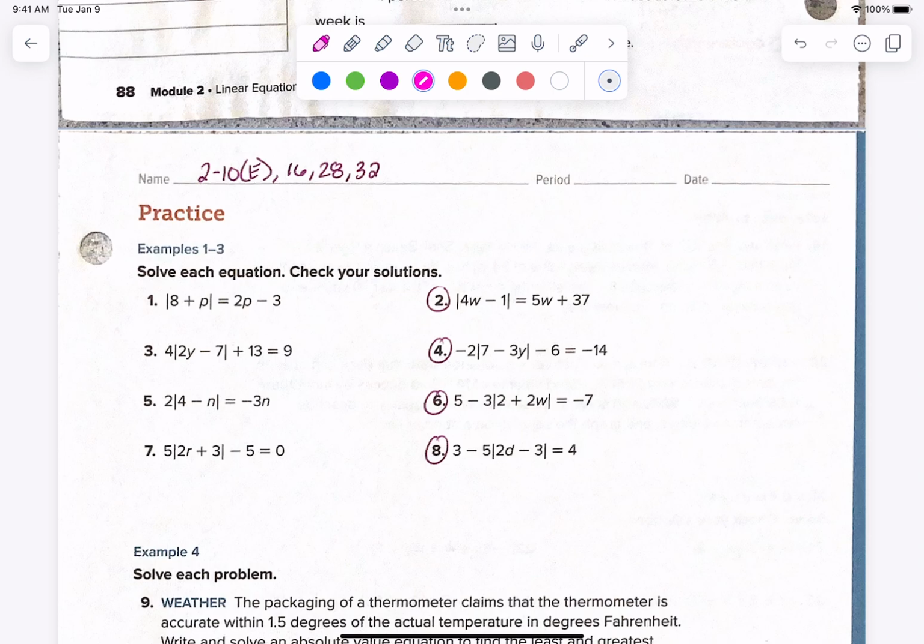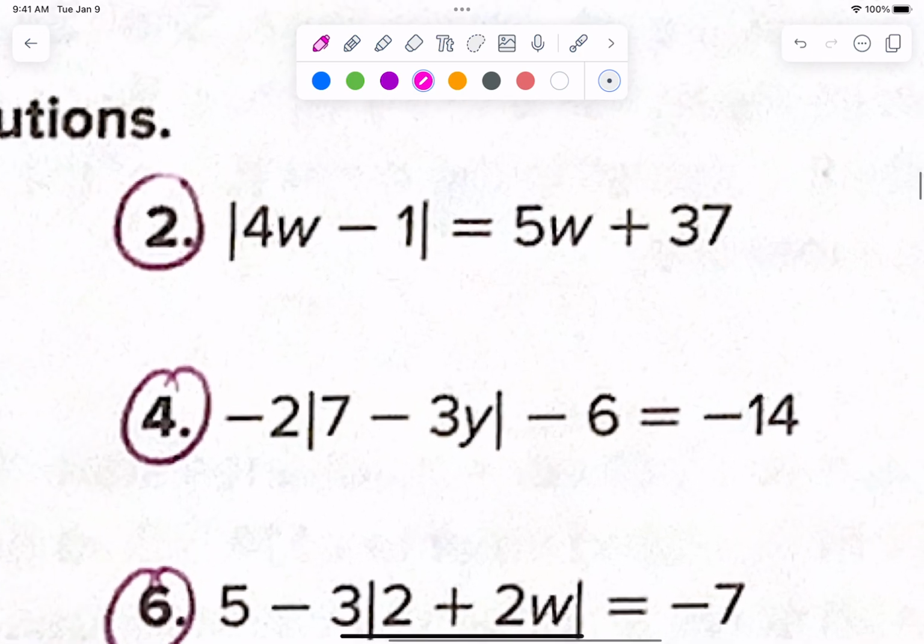Now, look for the ones where it has an absolute value equal to a negative, because then you're not going to have to do anything of the problem, right? Wait, how do you do that? You don't have to do anything. You just split. Number 2, you just go right from there. You just do your 2 cases. But what if the 2 cases end up being negative?